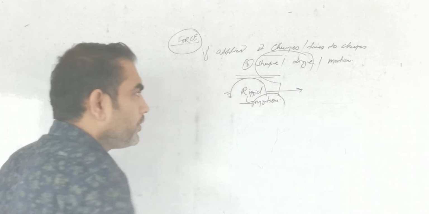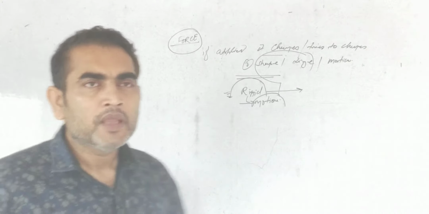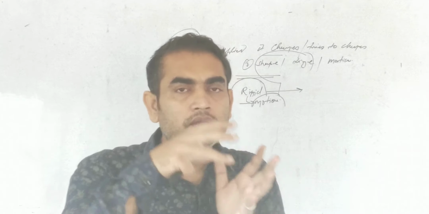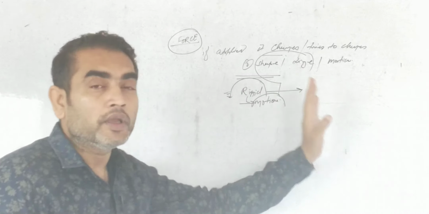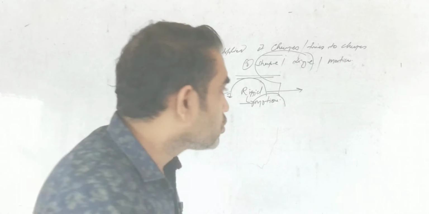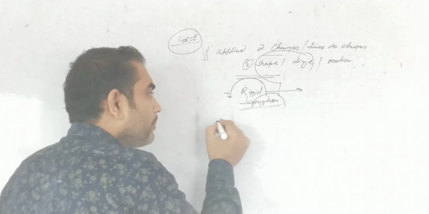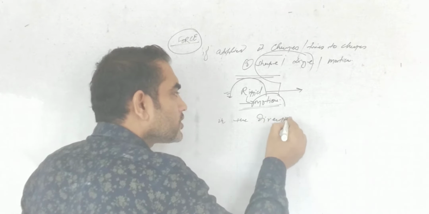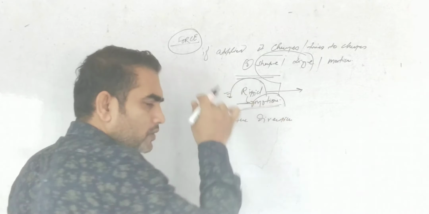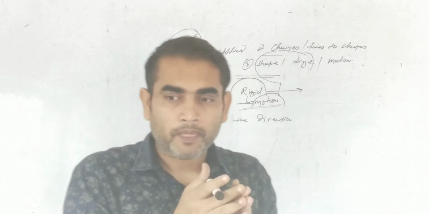Whenever force is applied on a rigid object, it will cause a change in the motion of the rigid object, and the motion will vary according to the situation. How will it cause change in the motion? First question, what is the effect of force on the motion of the object?